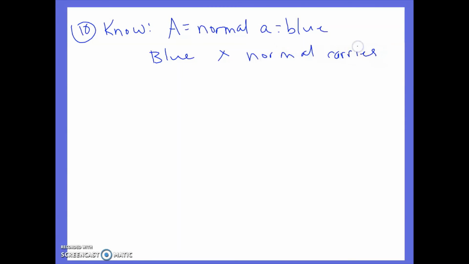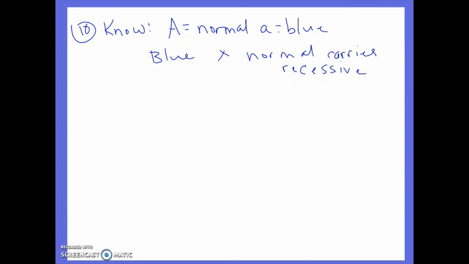A is dominant, and little a is recessive, and little a is blue because it makes people appear blue if they have 2 of them, and big A would be normal. It says a blue person is going to marry a normal person who carries the trait, or who carries the recessive gene.